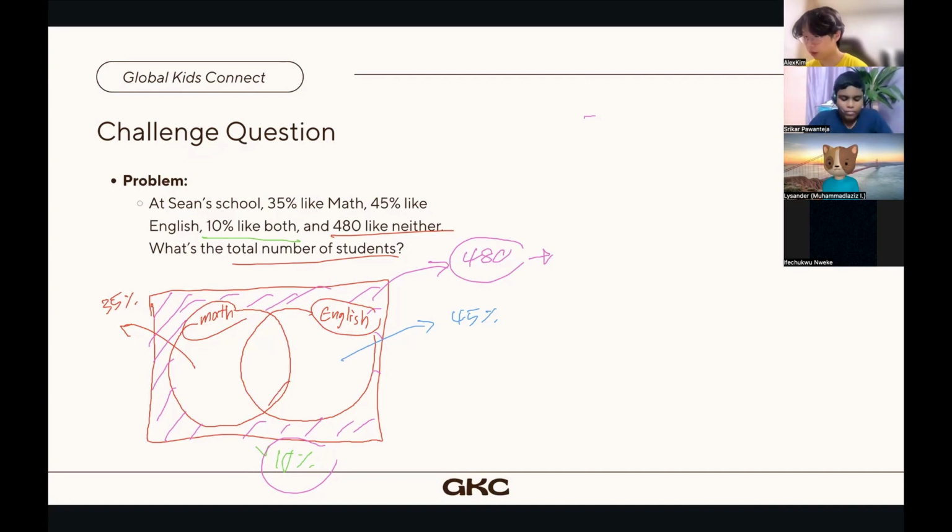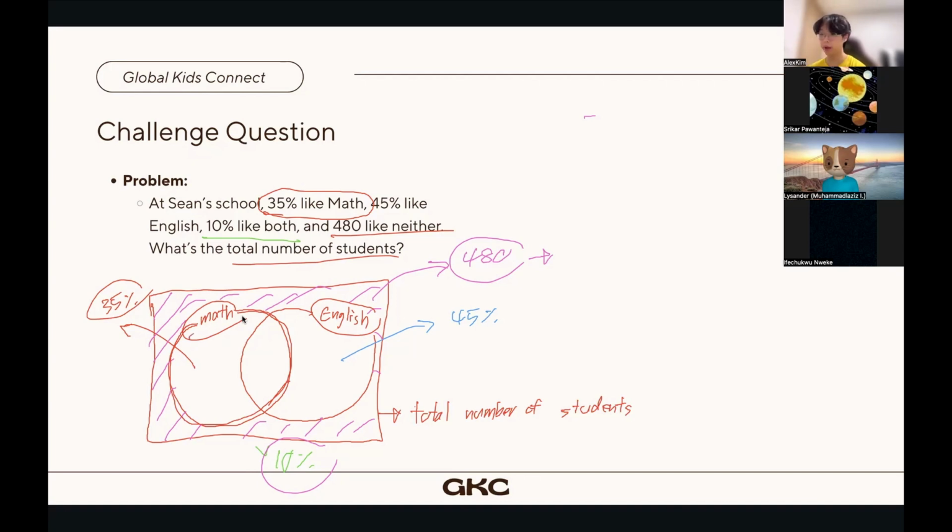And so the question says 30% of students enjoy math. And so the total area of a circle in terms of this entire rectangle here is 35%. If this entire rectangle represents the total number of students, then 35% of the total number of students enjoy math.